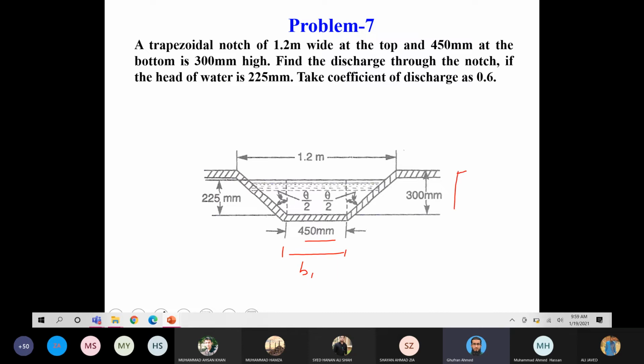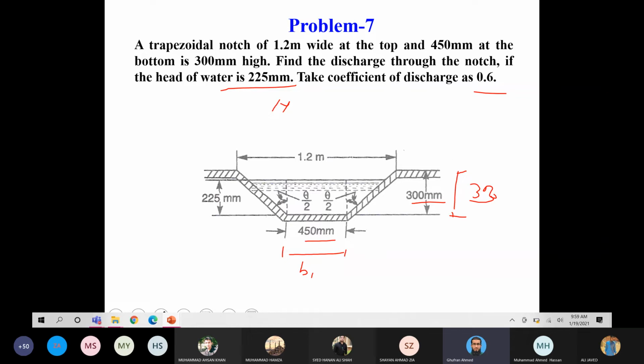This is the height of the notch, not the height of water. Find the discharge through the notch if the head of the water is 225 millimeters. So this is H. Take the coefficient of discharge as 0.6.